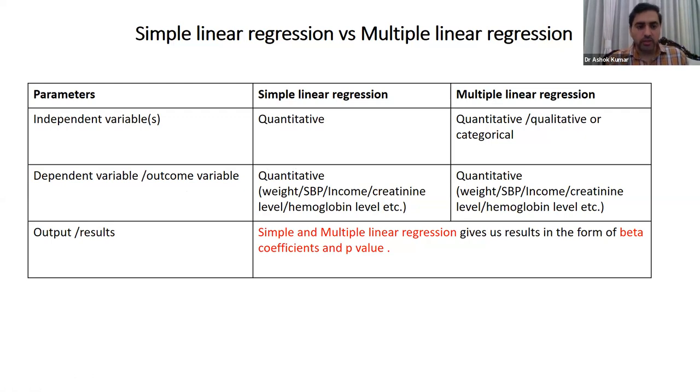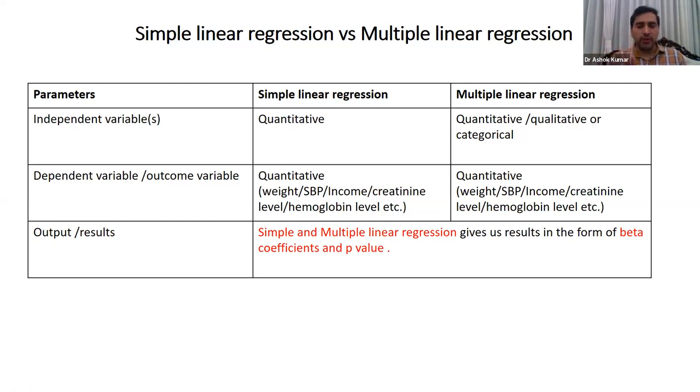But suppose the dependent variable is only single, but there is more than one independent variable. For example, hemoglobin is our dependent variable, but the independent variables are age, systolic BP, gender, BMI.